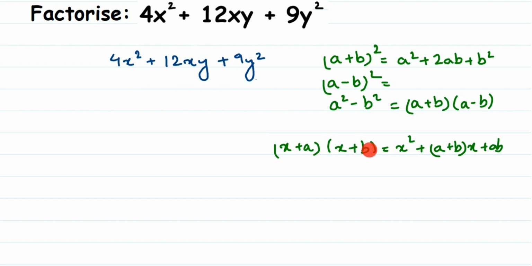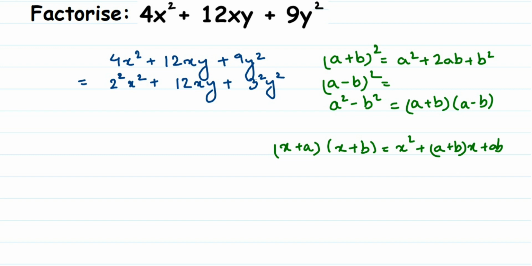So here I know that I can apply the first identity. I'm going to use that. But I have to identify what is a and what is b, so that I can convert this into a plus b whole square. So this can be written as: 4 is a square of 2, so it will become 2 square x square plus 12xy plus 3 square y square.